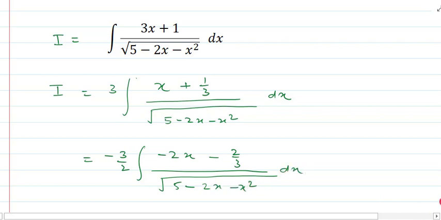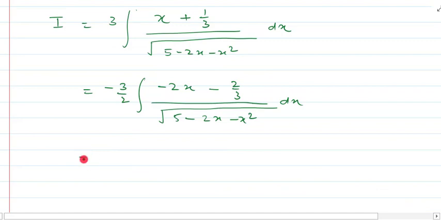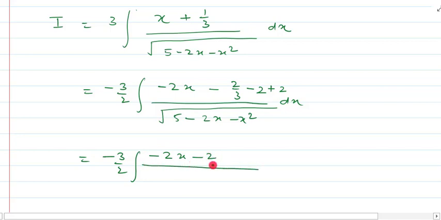Now again we need to subtract and add 2 because the derivative is minus 2x minus 2. So to get this, let me subtract 2 and add 2. Now it is feasible for us to segregate the term minus 2x minus 2 together, because this is the derivative of the term in the denominator.